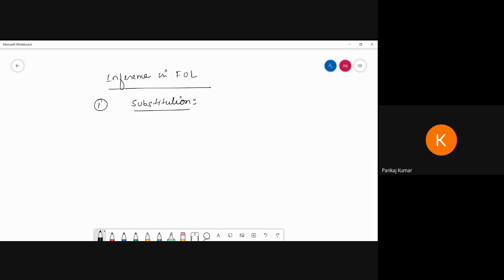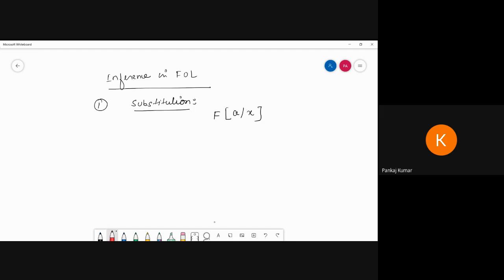So what do we have to do? Suppose we have to substitute this one. F, that indicates first order logic, can be substituted with A slash x. What is the meaning of that? A slash x is the rule for substitution.